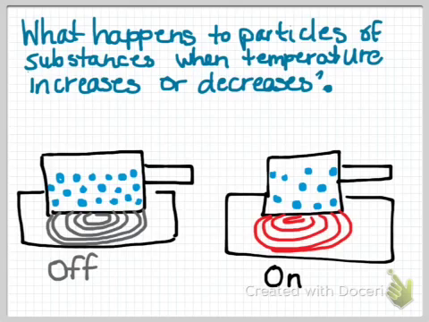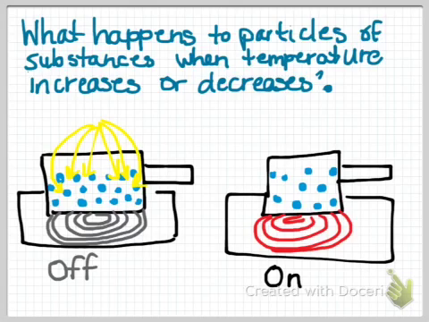If we look at the particles and the spaces between these particles of the water, you'll notice that in the one that's off, so probably room temperature water, or maybe cold water, there's still space between the particles of the water, because in a liquid there's space between the particles, and they're flowy, but they still are attracted to each other.